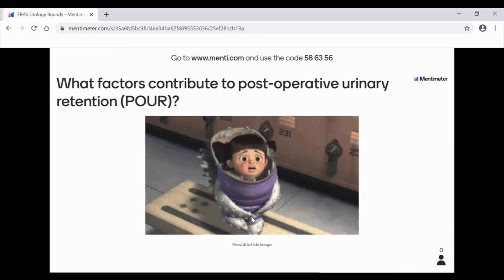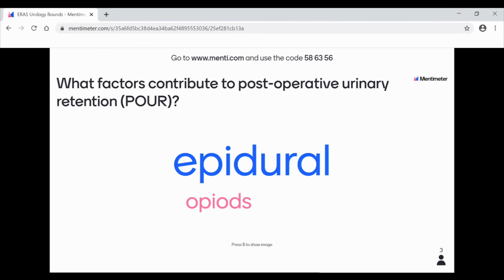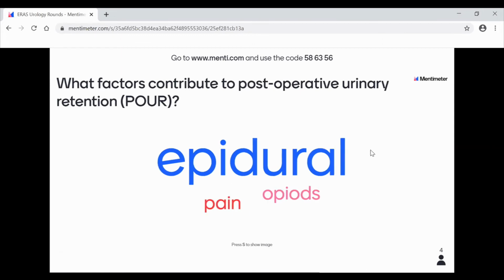Type in your answer or your thoughts. Nice. Okay, meds, epidural, opioids, pain. All right.